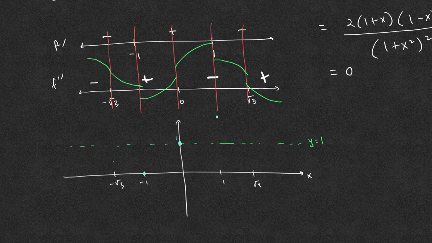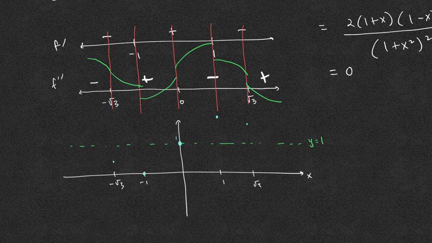And if we plug in root 3 into the function, we will get roughly 1.86.